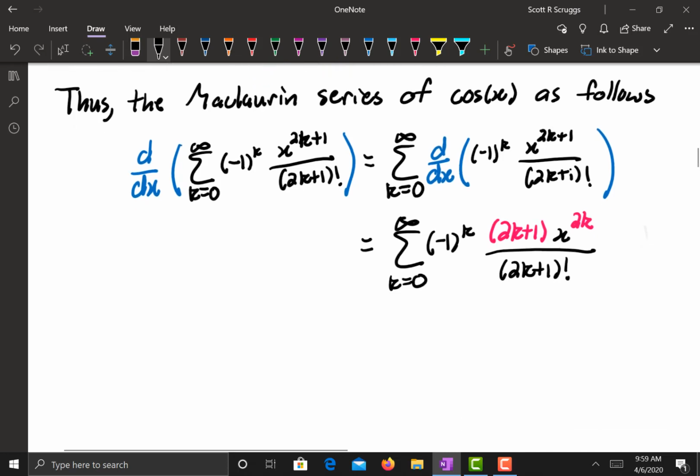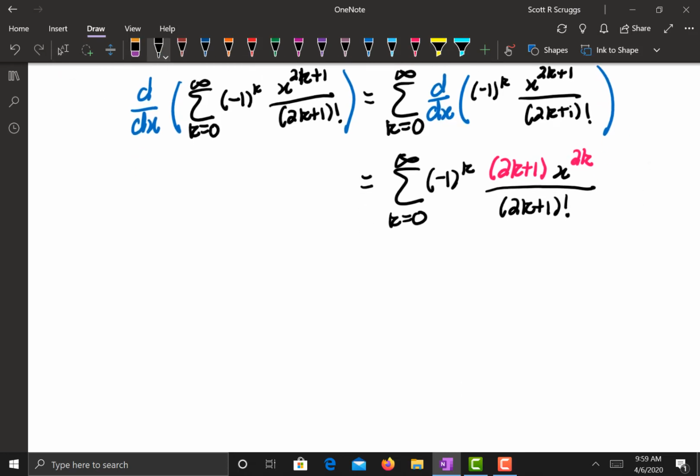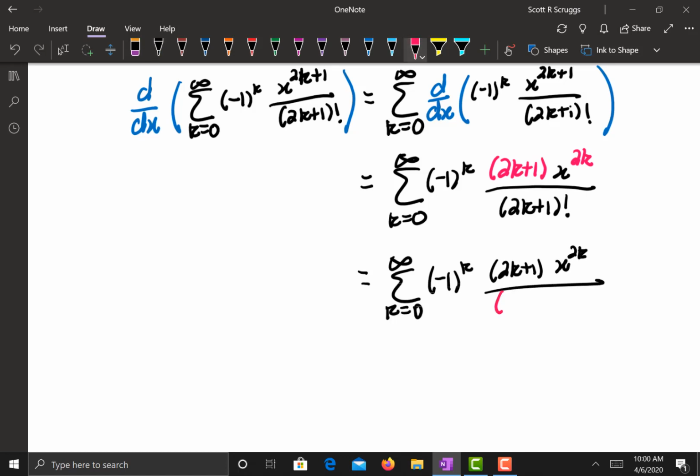Note that I can simplify it a lot further, because I can rewrite 2k plus 1 factorial as 2k plus 1 times 2k factorial.